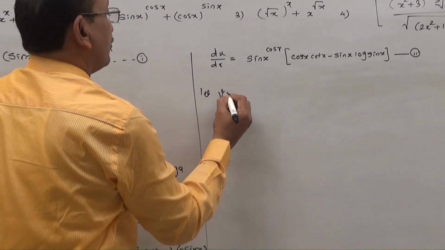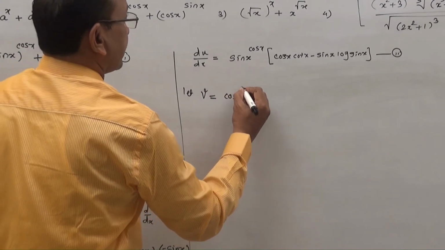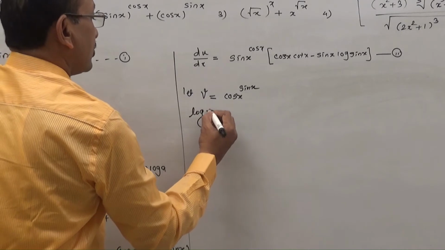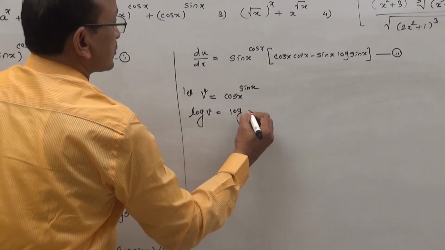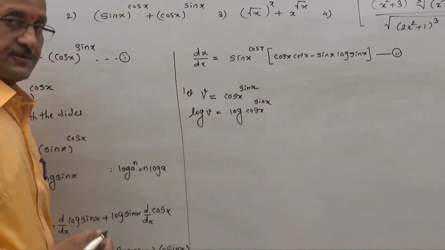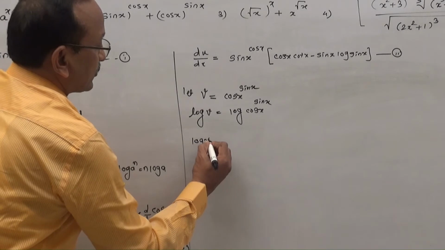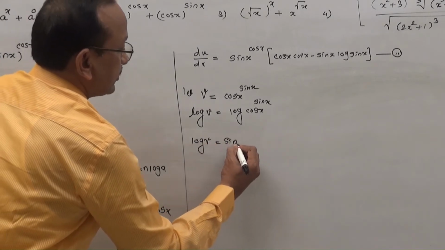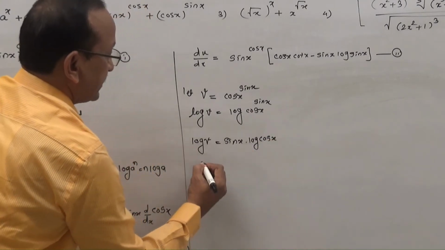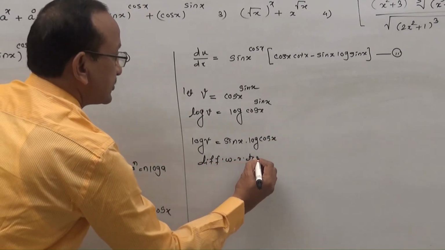Now consider the other function, say b. So let v is equal to the function cos x raised to power sin x. Now taking log on both sides, log v is equal to sin x into log of cos x. Then differentiate this function with respect to x.